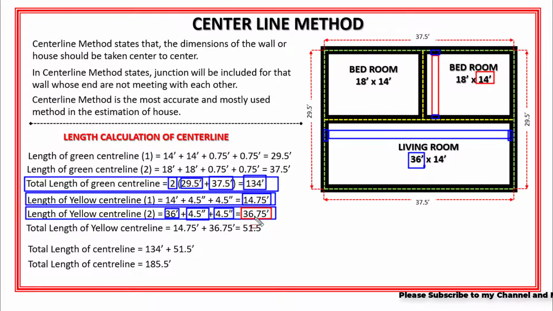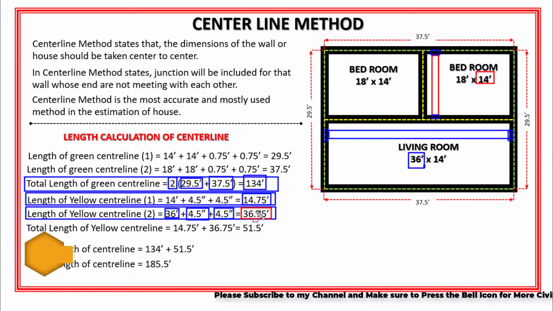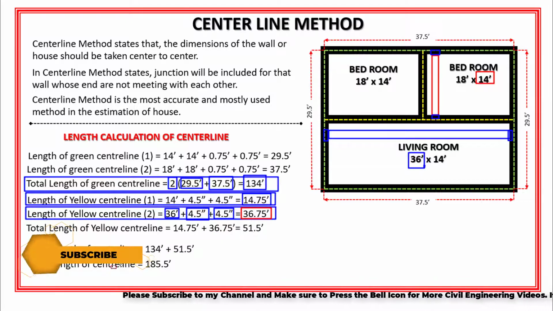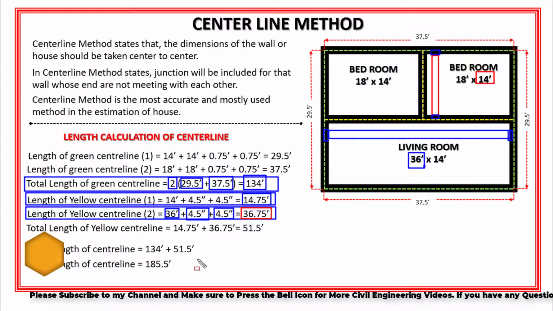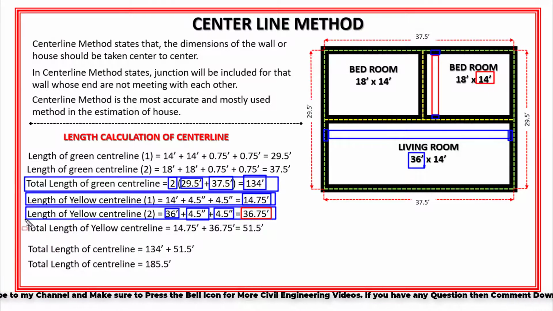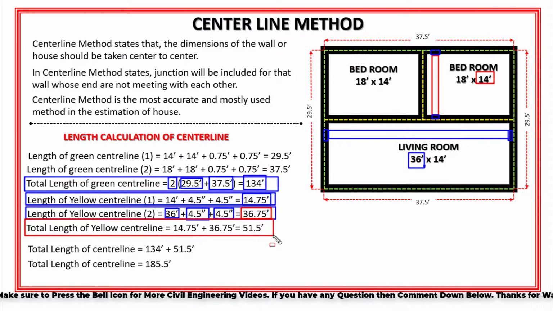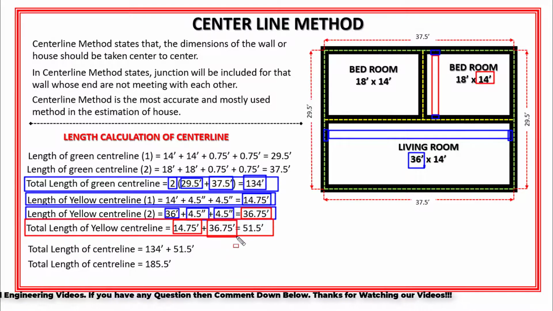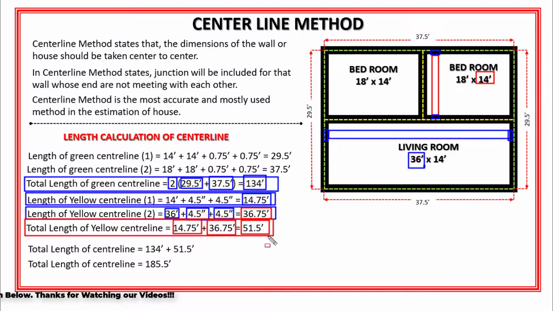Now I will add the length of both these yellow center lines in order to get the total length of the yellow center line. Okay, so the total length of the yellow center line is equal to 14.75 feet plus 36.75 feet, and it will be equal to 51.5 feet. So now I can say that the length of the yellow center line is 51.5 feet.